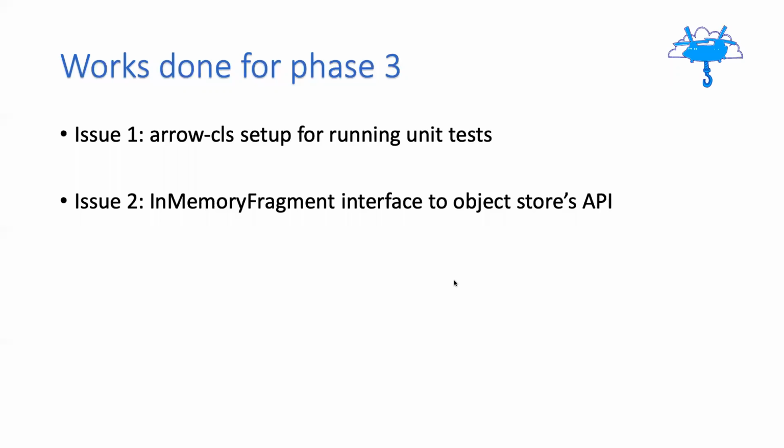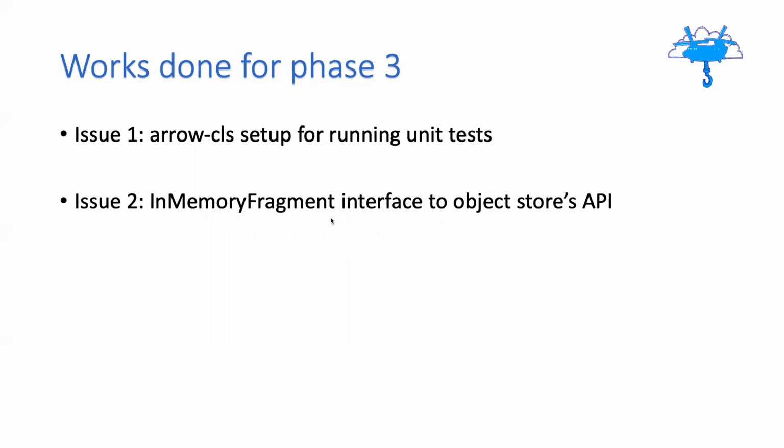Basically, I have done two things in the third phase. The first one is setting up the running test for the Arrow CI. I linked Arrow and the Arrow dataset API to our C++ code and wrote some unit tests. The second one is to make use of the in-memory fragment in the dataset API.